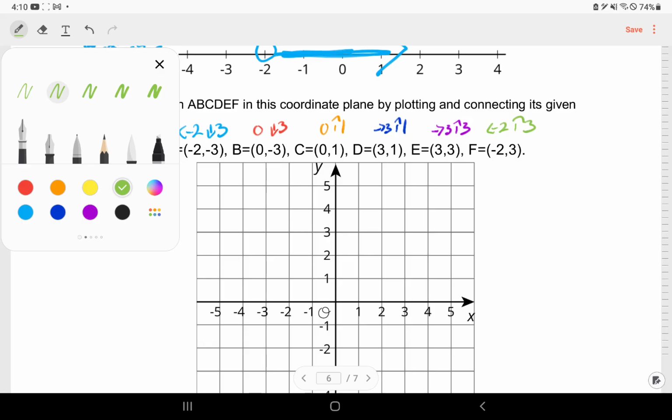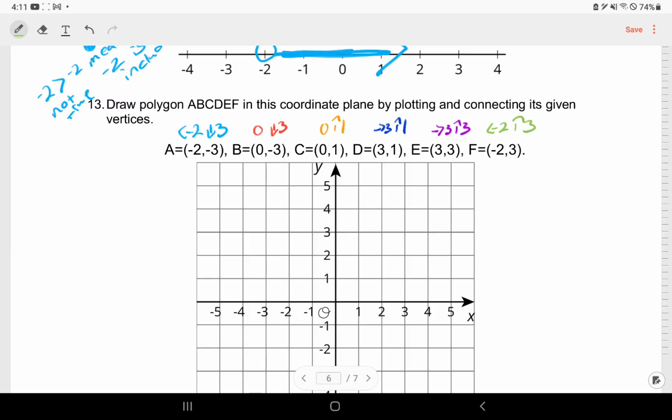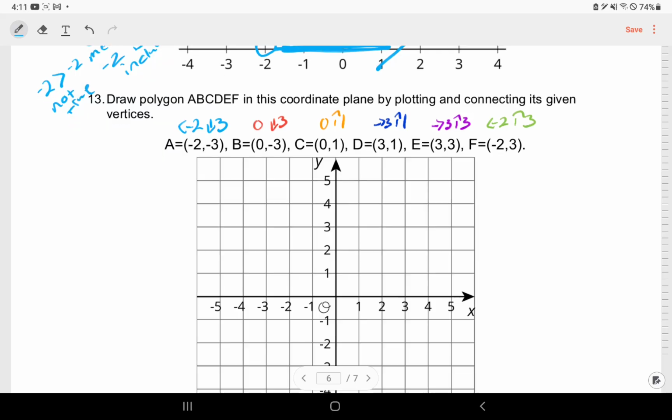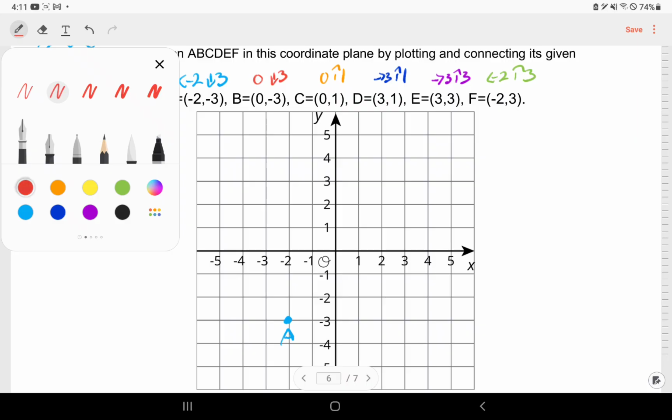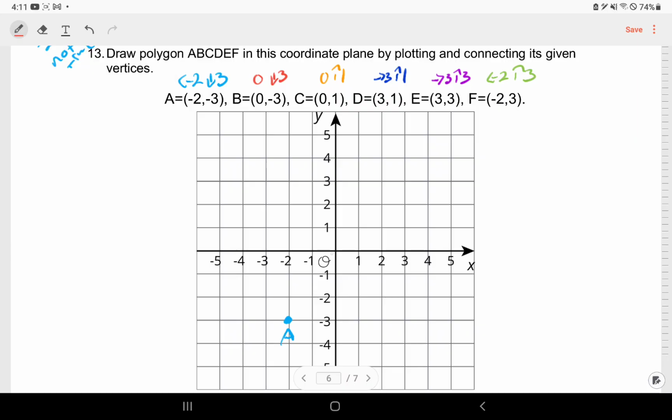And so when we graph this out, we go -2, down 3. So 1, 2, 1, 2, 3. And there's A. Then we go 0, down 3. 1, 2, 3.